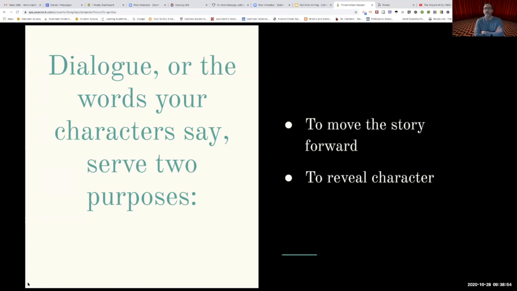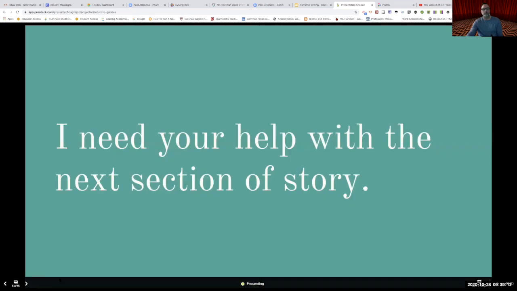We see their flaws, we see their virtues. So the two main purposes of dialogue are simply to move the story forward and to reveal character. We talked about that as well.